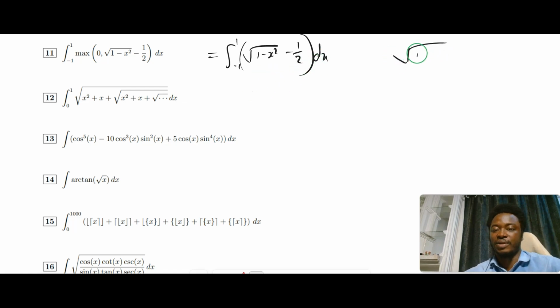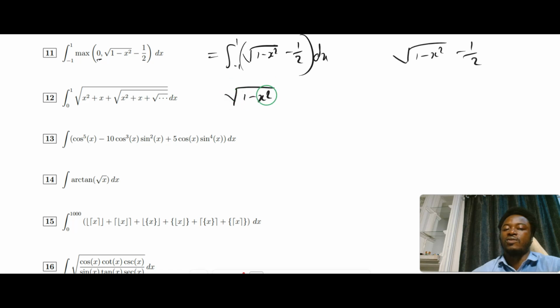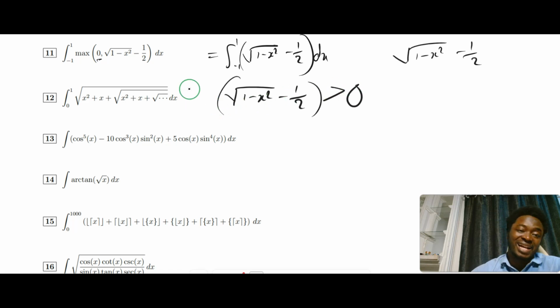So square root of 1 minus x squared minus half at some point is negative. So at some point the maximum value of this expression is 0. So we need to be sure that square root of 1 minus x squared minus half is bigger than 0 before we can claim it is the maximum for this case.